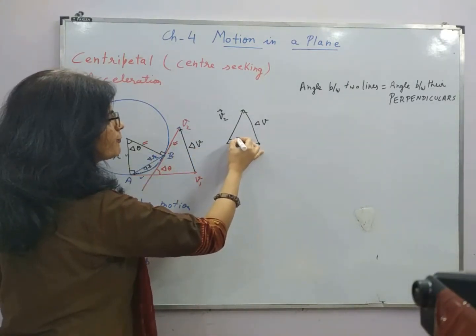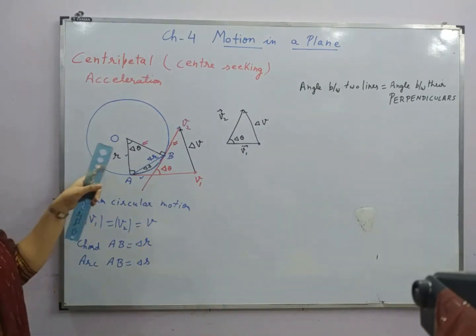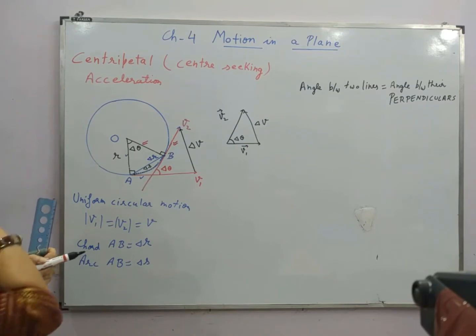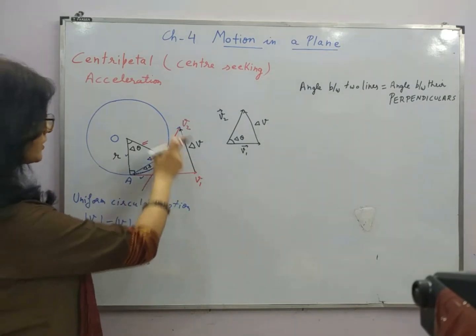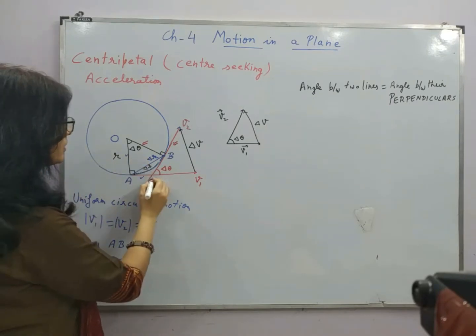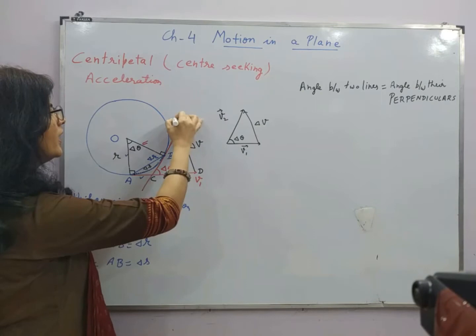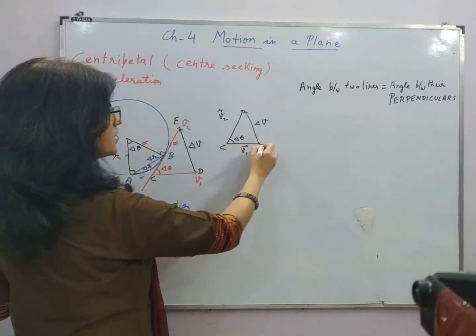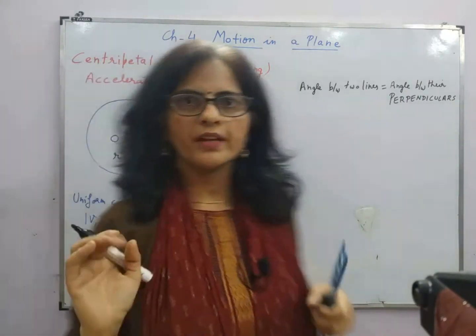And this I have marked delta theta. We know that these triangles will be similar. If I mark these three points as C, D and E, so this is C, D and E, right?